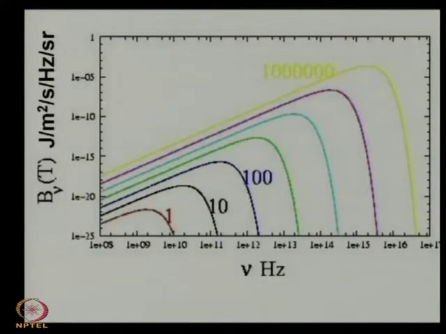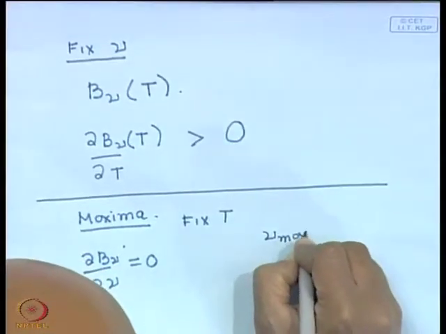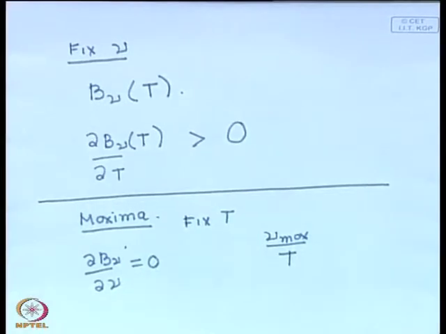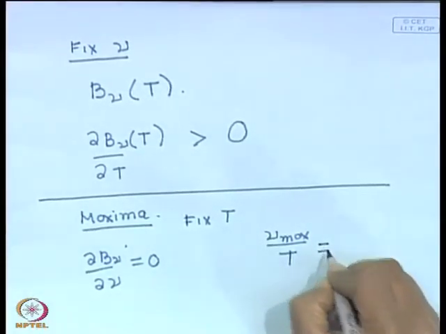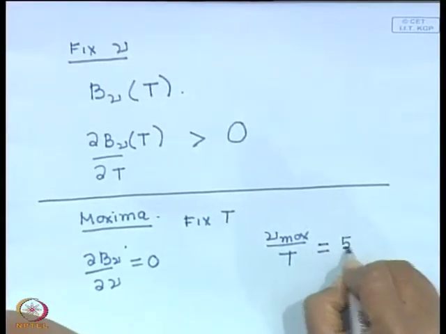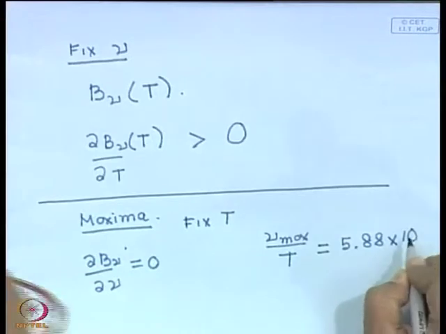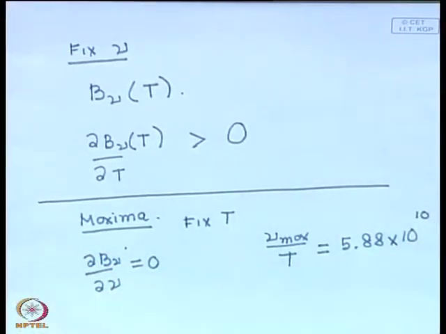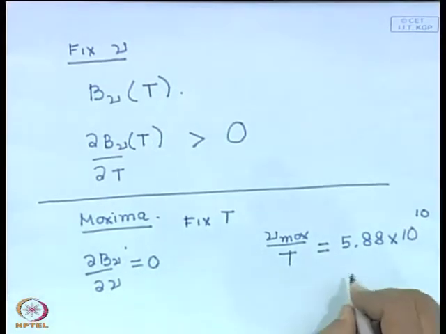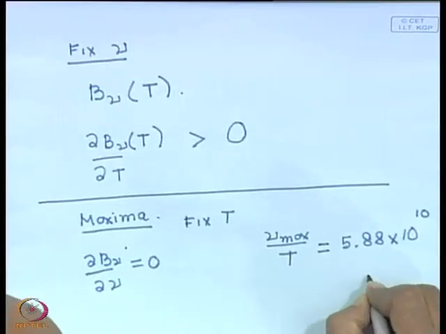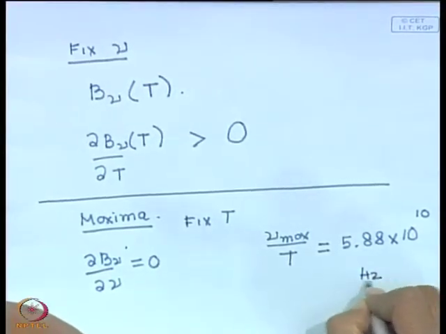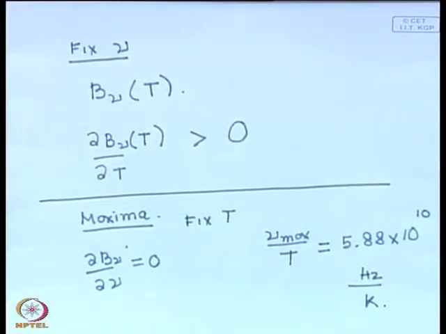If you do this exercise, or if you look at the curves over here, you will find that nu max by T is a constant, and the value of this constant is 5.88 times 10 to the power 10 hertz per Kelvin.